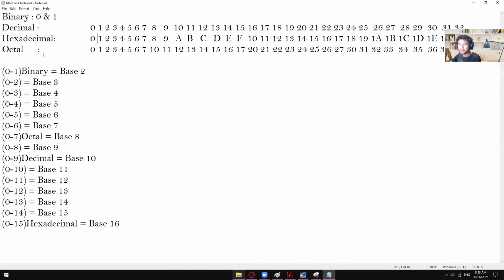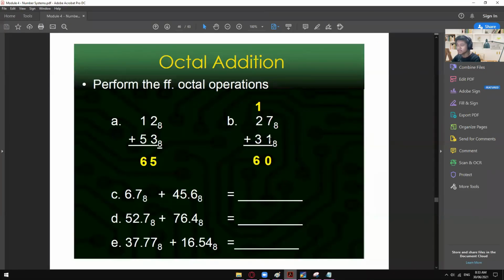But octal has a different method. 0 to 7 is the same for octal and decimal, but once you reach 8, it's already 10. That is why in here, 7 plus 1 is 8, but you have to write 10, since we don't have 8 in octal. And then of course 1 plus 2 plus 3 is 6. So that's the reason why we have a result of 60, not 58.